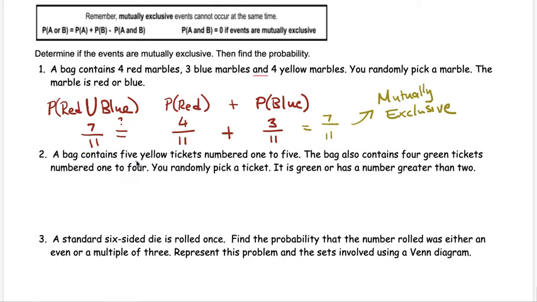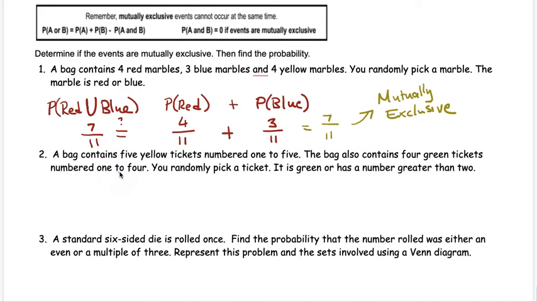A bag contains 5 yellow tickets, numbered 1 through 5. The bag also contains 4 green tickets, numbered 1 through 4. You randomly pick a ticket. It is green or has a number greater than 2. Okay, so the 5 yellow tickets are numbered 1 through 5, and 4 green tickets are numbered 1 through 4.